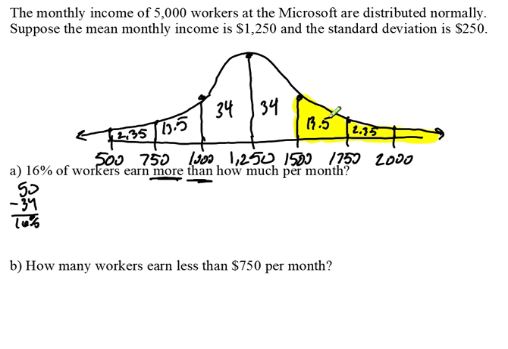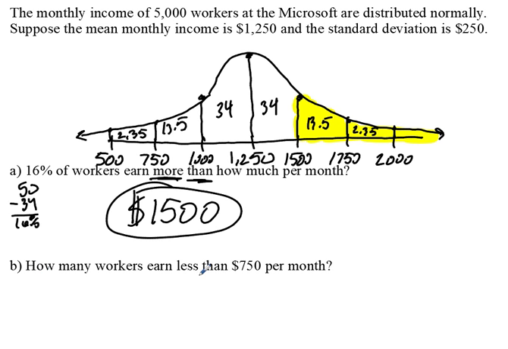So all of this information. To answer the question, 16% of workers earn more than how much? Well, now I know that this percentage of the curve is starting at $1,500. So the answer is $1,500.